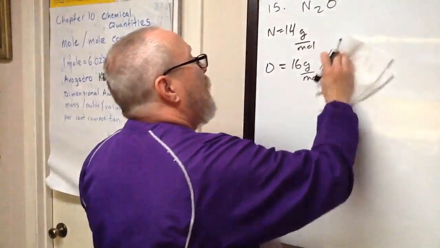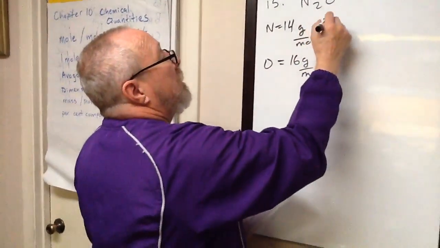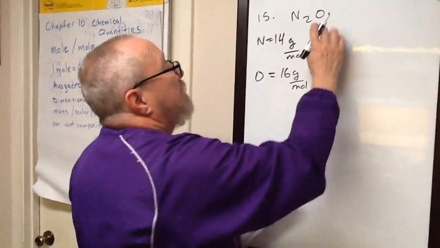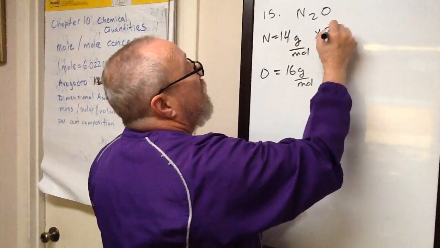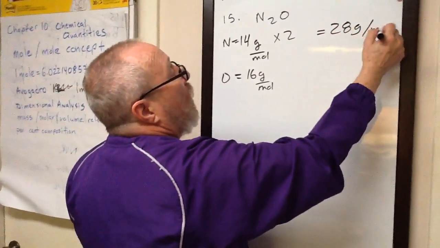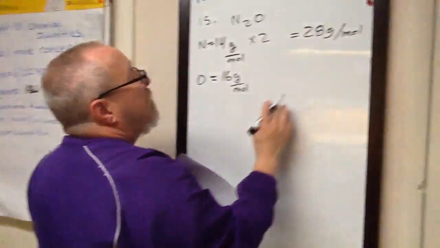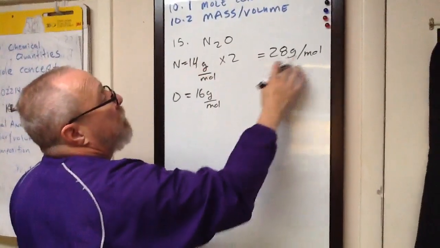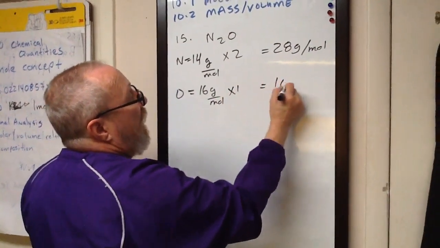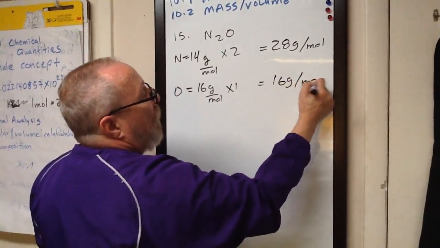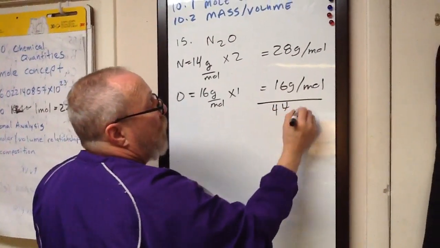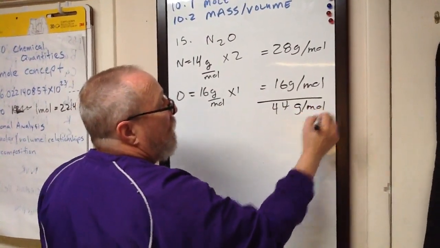So for the nitrogen, every mole of this dinitrogen monoxide, trivially known as nitrous oxide, I have 28 grams per mole. 28 grams of nitrogen per mole of N2O. And for oxygen, I have 16 grams per mole. So my total molar mass of this is 44 grams per mole.